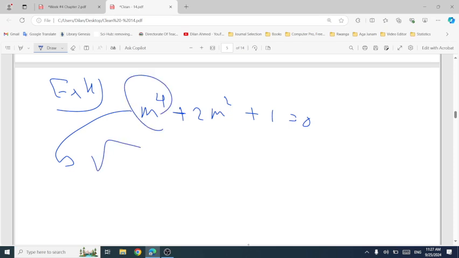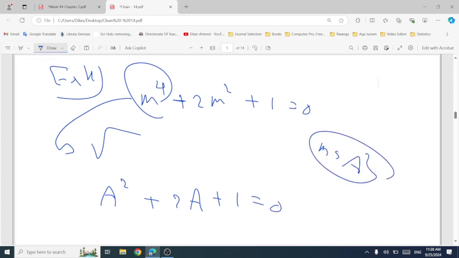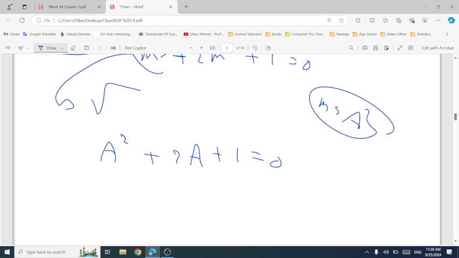Just put in your mind that one is a squared, that one is a, plus 1, meaning m equals a squared. That's it. So can you solve this one? Yes, why not, by quadratic. When I get any value, I'm going to duplicate it again, because we have a fourth power. So when you solve that one, I'll get what?